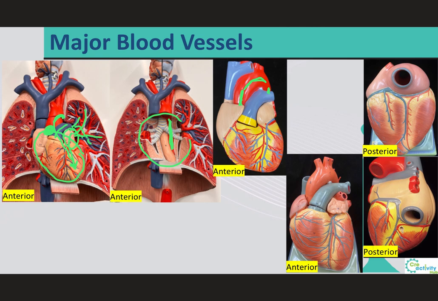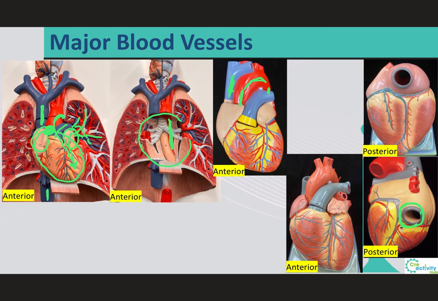The other thing that we see is the blood that's going to be arriving into the right atrium. It will be arriving through three main structures, two huge ones, which are the superior vena cava and the inferior vena cava. On this model here, we have the superior vena cava, and on an inferior view, we can see the inferior vena cava over here.